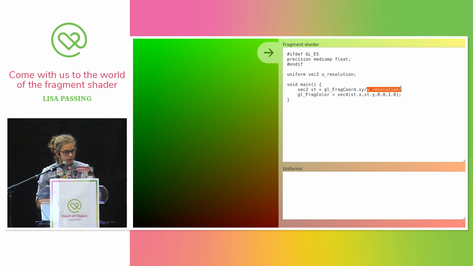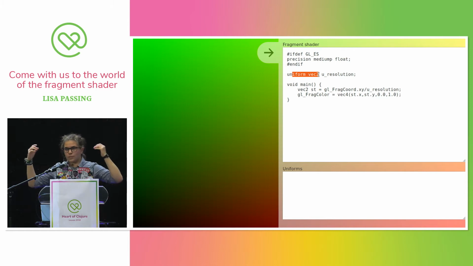And then we have something called uResolution, which is defined here as a uniform. Uniforms are special because they are values that are sent from the central processing unit into our graphics card shader. So we can inject more information into our little graphics program.